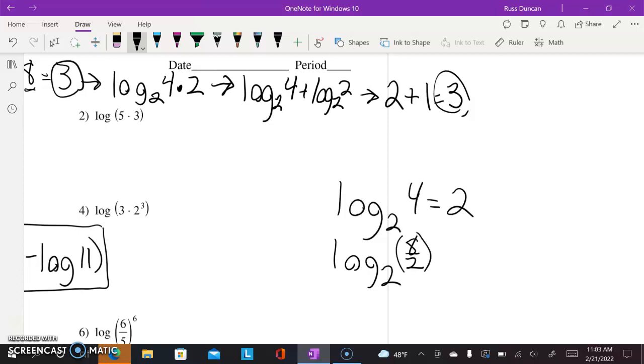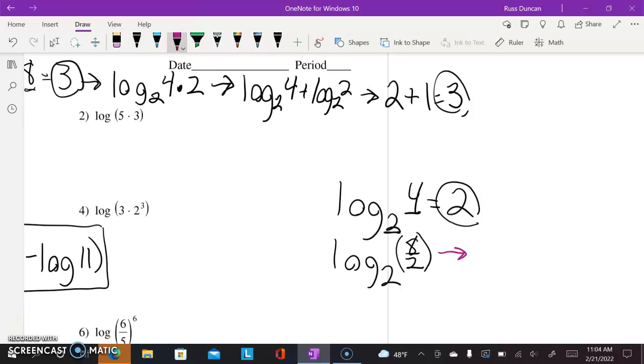Okay, now take a second to process, but 4 could be written as 8 divided by 2. So we already know, the only reason I'm doing this is to prove it. If you're like, why is he doing 8 over 2? It's purely to prove this is true. So if I had log base 2 of 4, I'm saying 2 to what power gives me 4, and the answer is 2. I can also write 4, if I really want to, as 8 over 2. I would only do it to prove this.